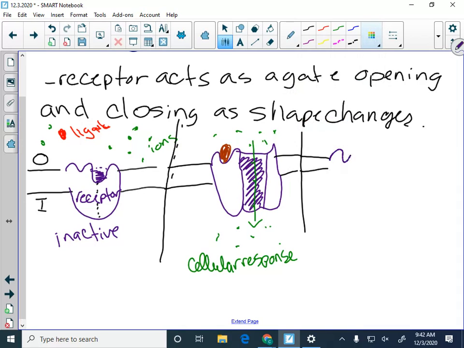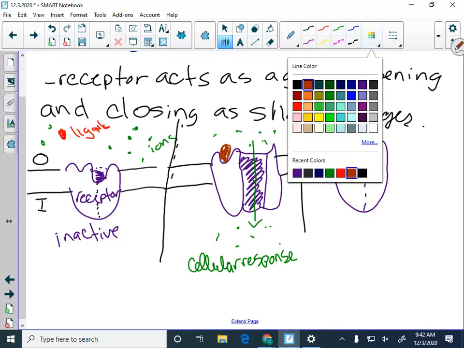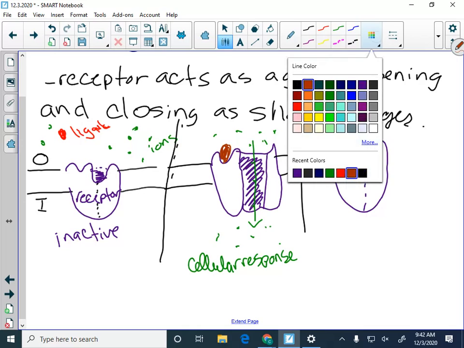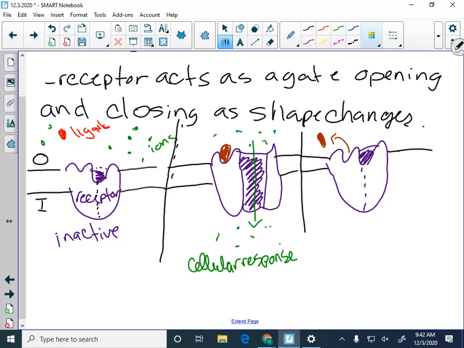And then, as quickly as it started, as soon as that ligand were to leave, our ligand-gated ion channel will close back up and become inactive again.